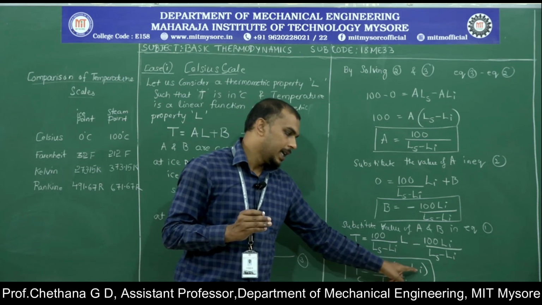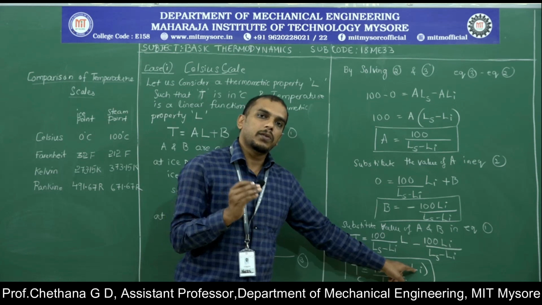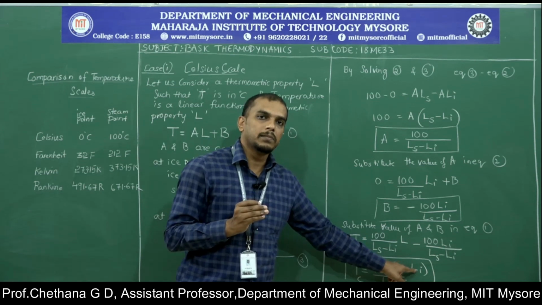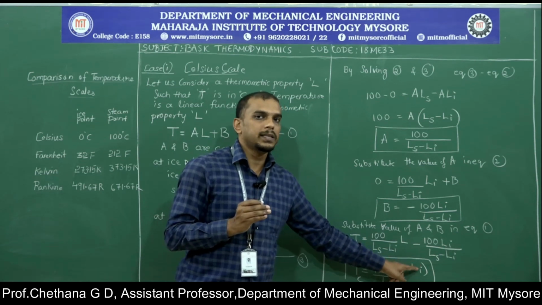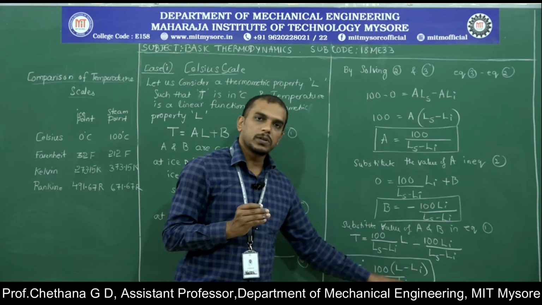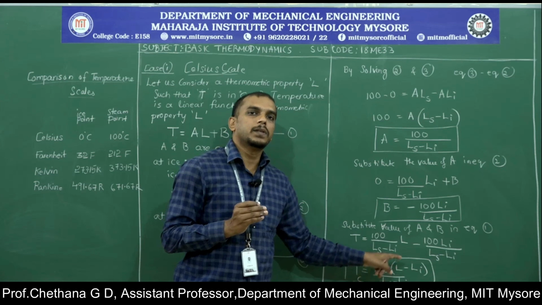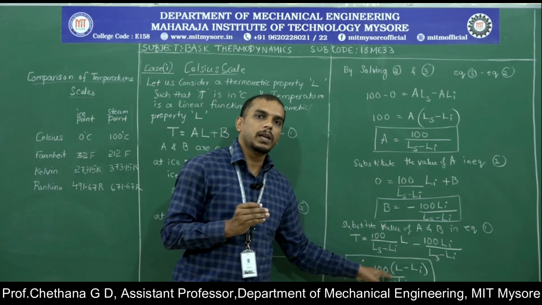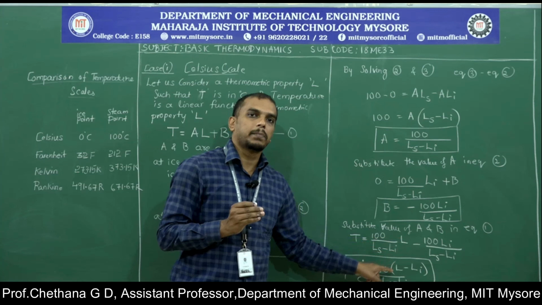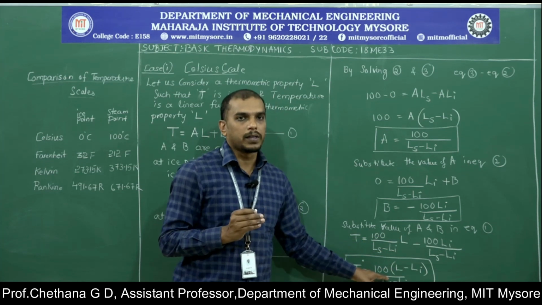So Li is the length of the mercury in the glass column when it is at ice point, and Ls is the length of the mercury in the glass thermometer when it is kept in the steam point.